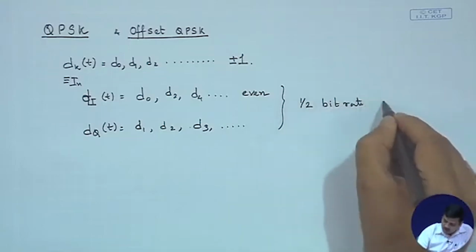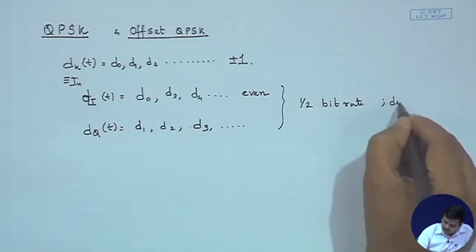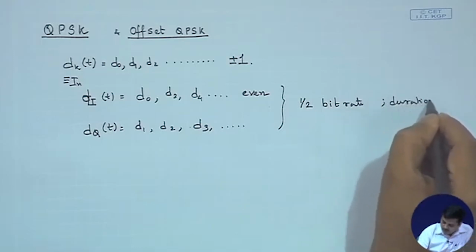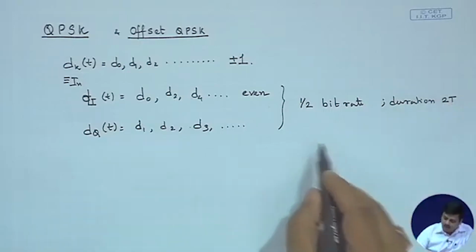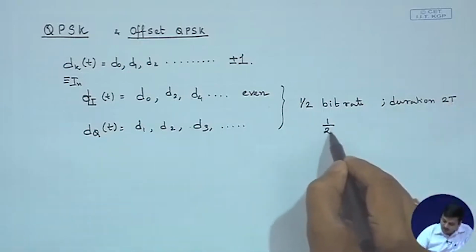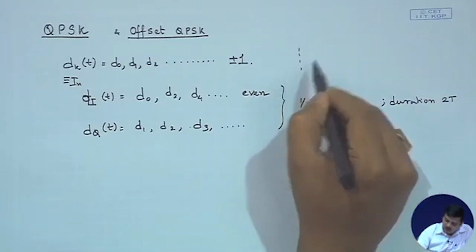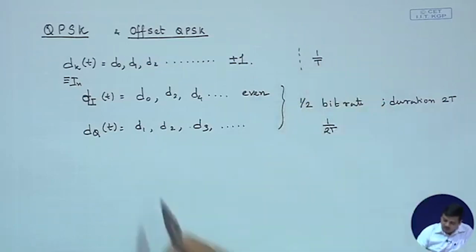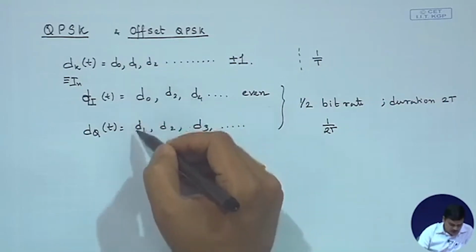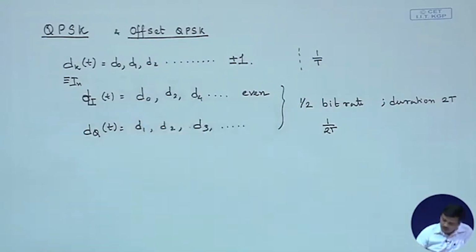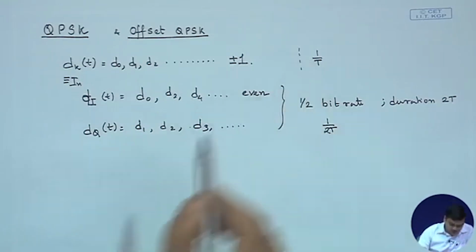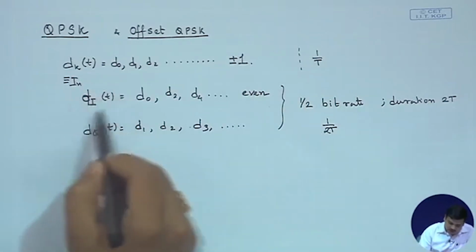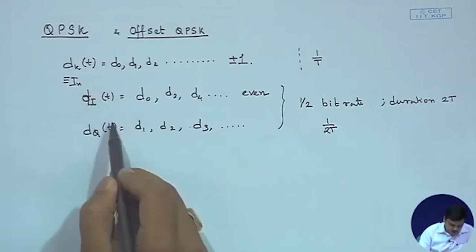That means they have a duration of 2T, and therefore the rate is 1 upon 2T, whereas here the rate is 1 upon T. However, since these two are together being sent on quadrature carriers, they would come up with a rate of 1 by T, and this one modulates a cosine, this one modulates a sinusoid.